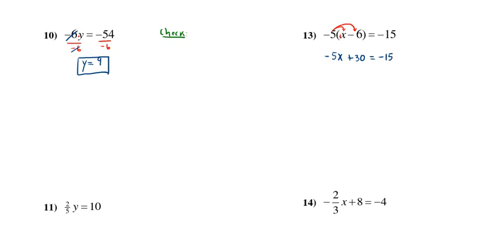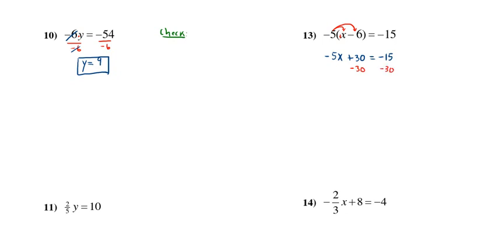From there, we're going to remove the numbers that we have around the variable. We're going to start by removing the positive 30, and removing the -5 will be the last step because the -5 is together with the x. So we look at the operation, we have addition, so we need to use subtraction. Subtract 30 on both sides.